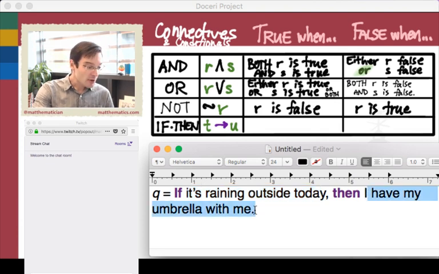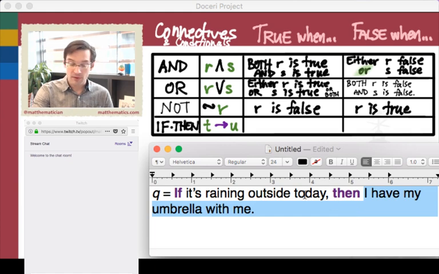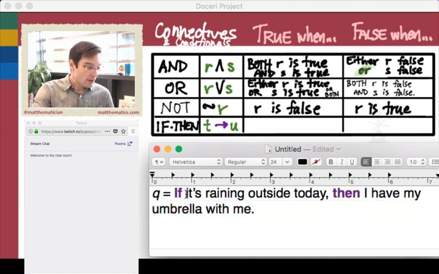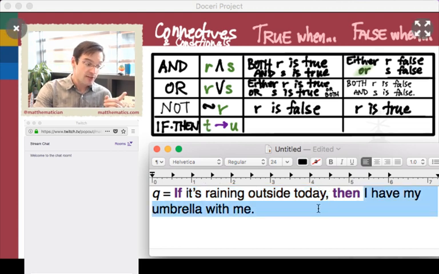In order to prove that this statement is true, I would have to have a meteorological record of every single day that it has rained. And then I would have to know that on every single one of those days, I had my umbrella. So this statement is true whenever the truth of T guarantees the truth of U.